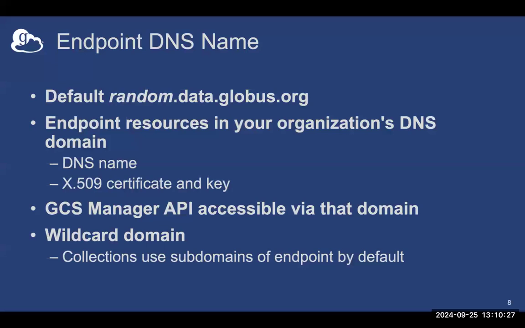In order to do this, you'll need to provide the name as well as the certificate and key, either provide the data or a pointer to where they exist on your file system, and then the endpoint will use those as the domain that it's publishing for contacting the GCS Manager API. If you have a wildcard domain, then all the collections will be created as subdomains of that domain. If you just configure it as a standalone domain, it'll just be the GCS Manager API.